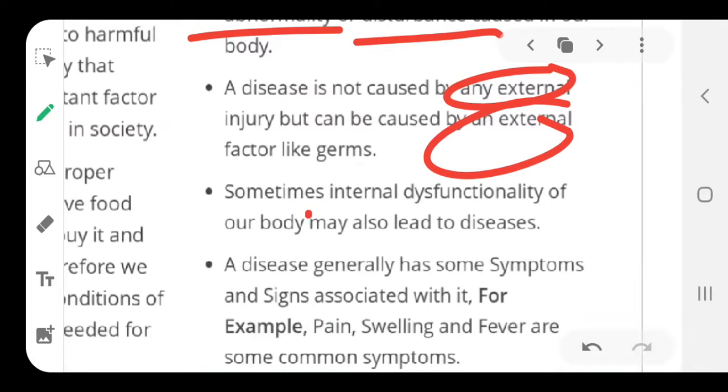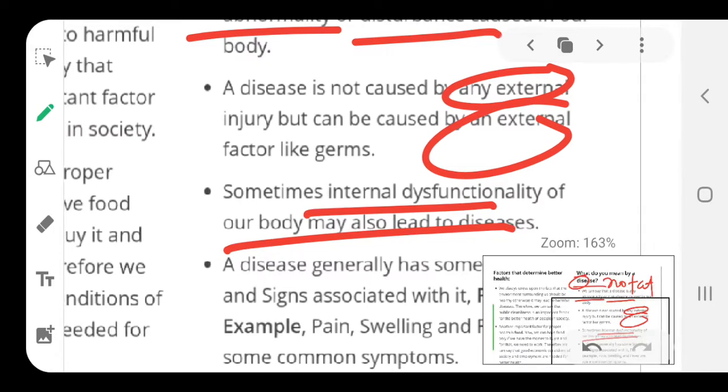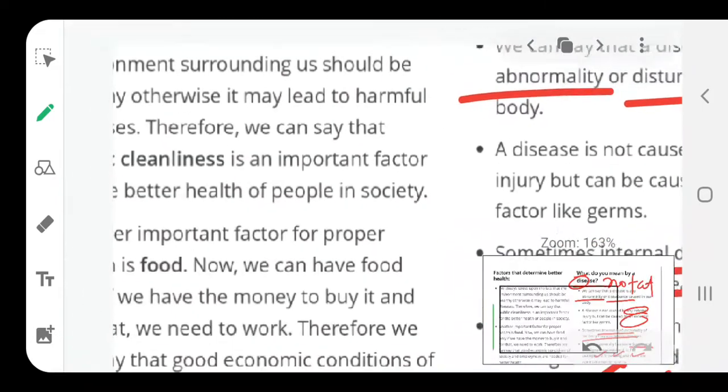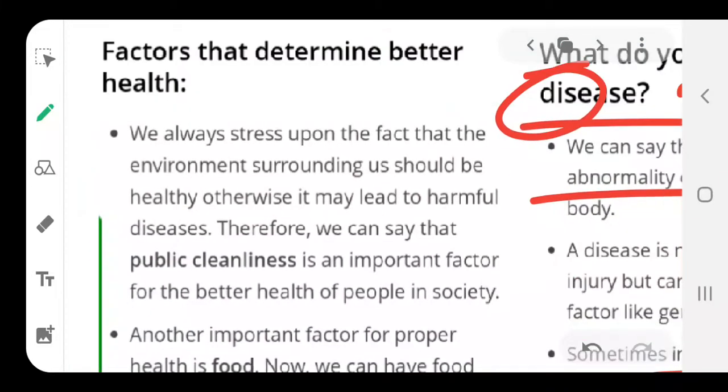Sometimes internal dysfunctionality, as I have just told you, also leads to diseases. We will read about them in detail, and disease normally has symptoms when it strikes a body. Symptoms like pain, swelling, fever, these are some of the symptoms that the body is not healthy.